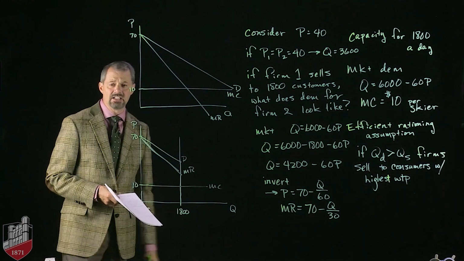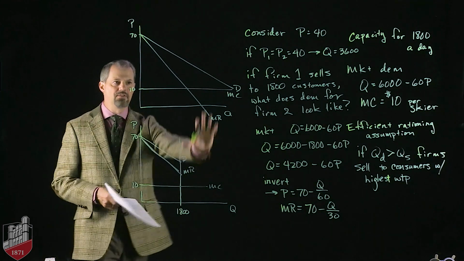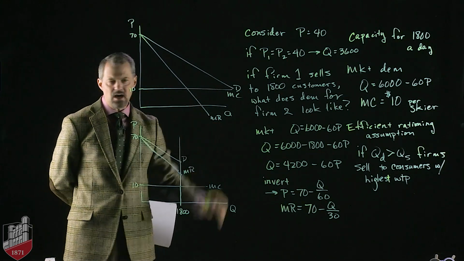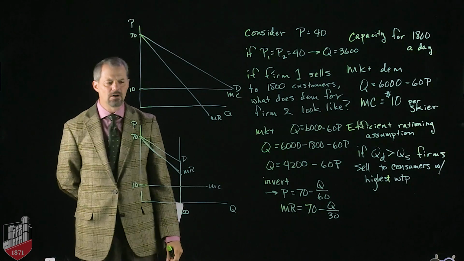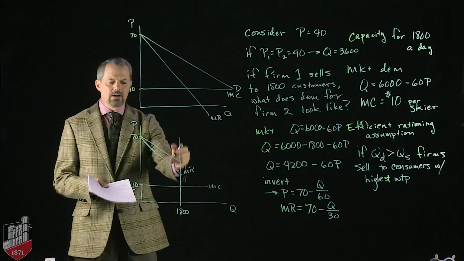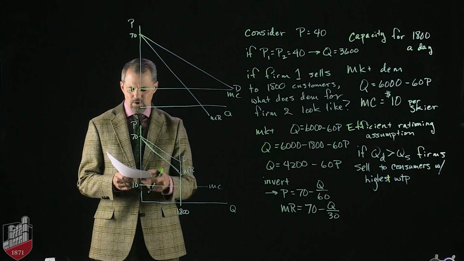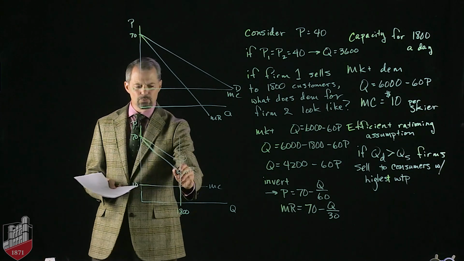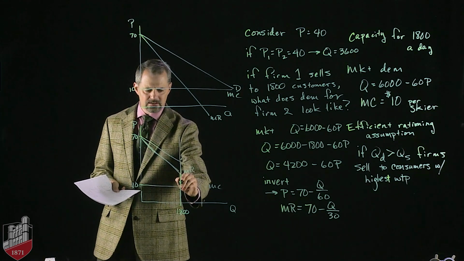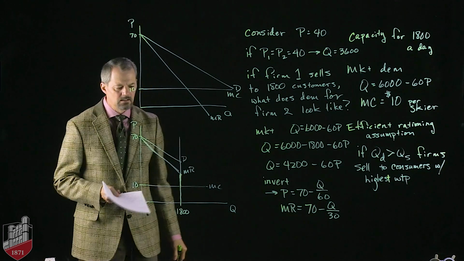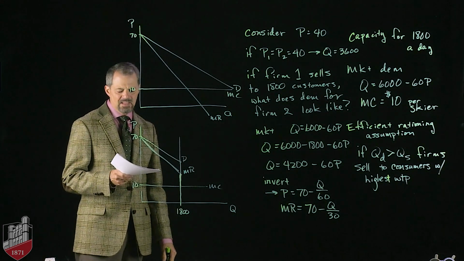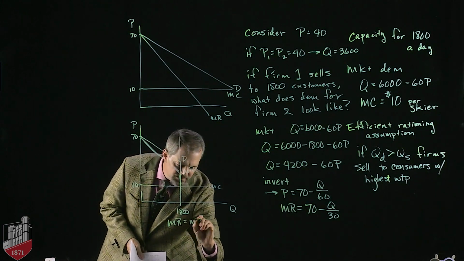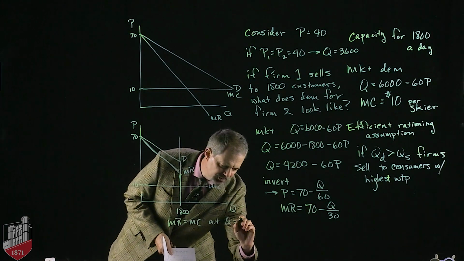So things change, right? This intersection is beyond the capacity of the firm. It turns out that now the firm's marginal revenue and marginal cost, because that marginal revenue curve gets truncated right there at a quantity of 1,800, it turns out that marginal revenue equals marginal cost at quantity equal to 1,800.